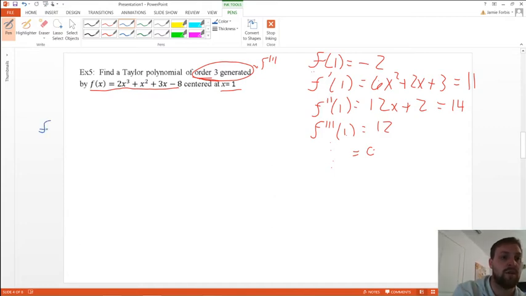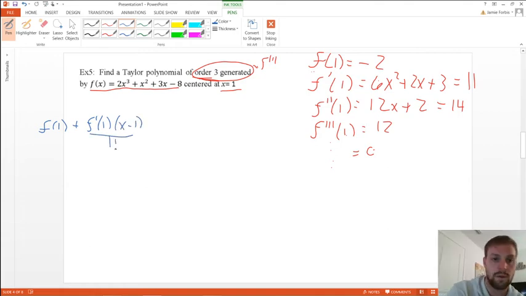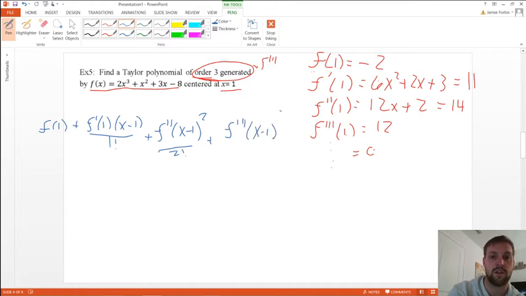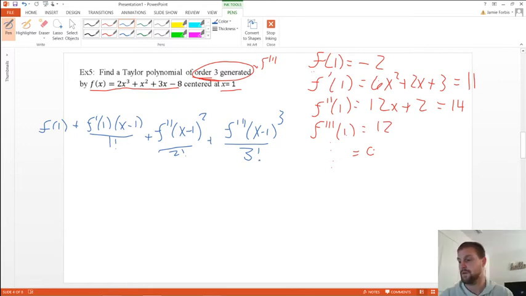So that'll be f of 1, plus f prime of 1 times x minus 1 over 1 factorial, plus f double prime of 1 times x minus 1 squared over 2 factorial, plus, and we're going all the way to the third degree, or the third term here, f triple prime of 1 times x minus 1 cubed over 3 factorial. And so I just have to plug in what those values are, which I found over here in red.